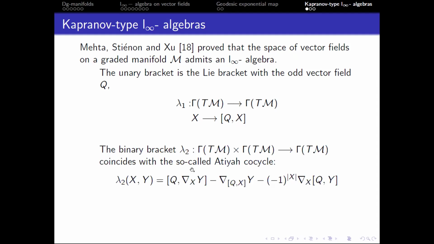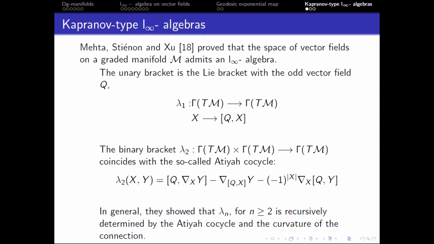So this is by definition given by this expression here. And it's called cocycle because you can prove that when you apply the Lie derivative along Q of this class, you're going to obtain 0. And also, it can be proved that this is actually independent of the choice of the connection.